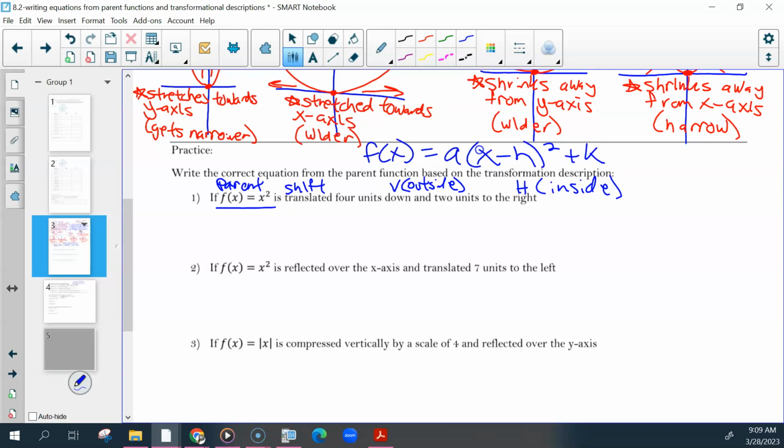So when it says inside, that's where it's going to go, inside those parentheses. When it says outside, it's going to go outside the parentheses. And we just have to figure out where it goes.